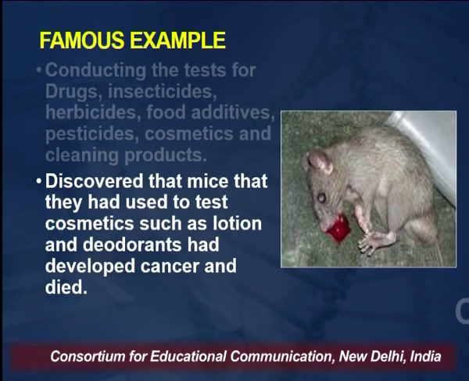During the study, it was found that the mice used to test cosmetics such as lotion and deodorants had developed cancer and died. But Syntex did not report any tumor, cancer or abnormality to the US government and the concerned department, the United States Food and Drug Administration. This led to the generation of the GLP guidelines.